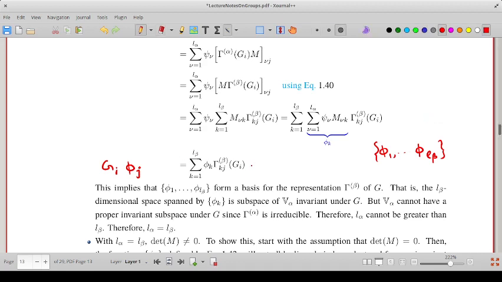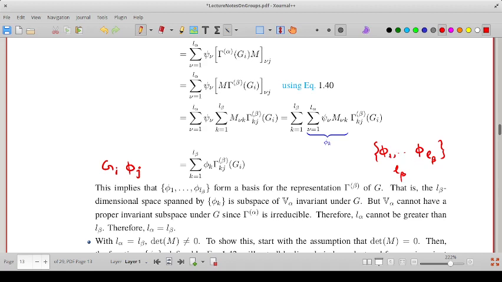And this equation says that if gi acts on any of these vectors phi 1 etc. up to phi L beta, then that produces a linear combination of these vectors only. So that means if we consider a space spanned by these L beta vectors, that space will be invariant under the group action, and the dimension of that space will be L beta because there are L beta basis vectors.